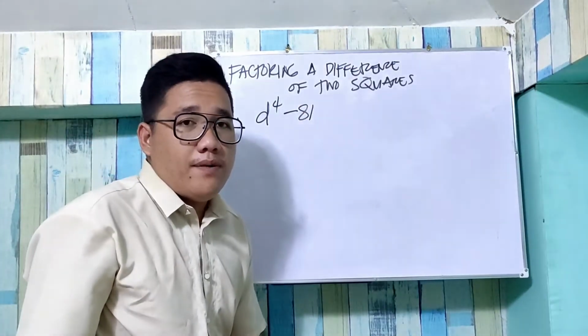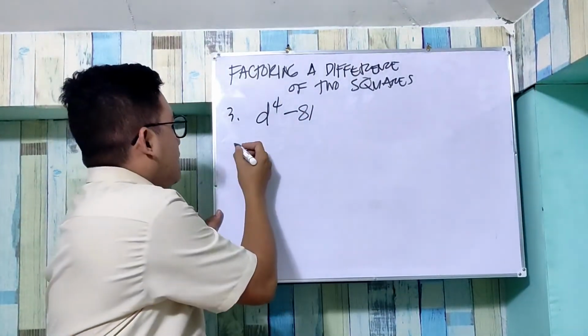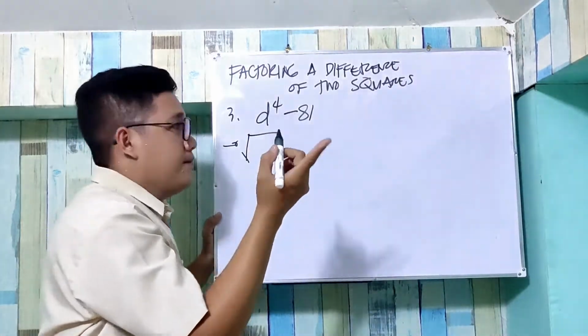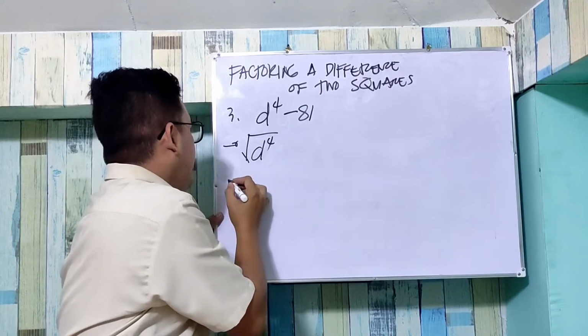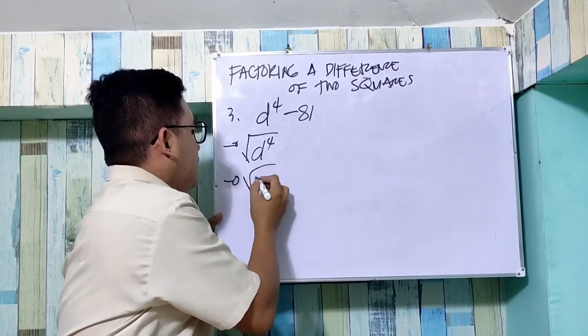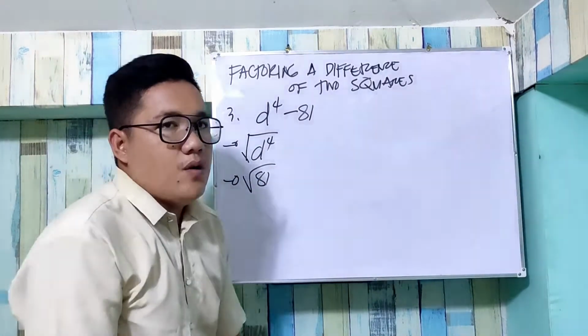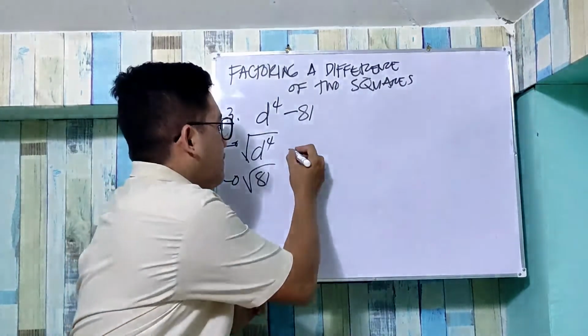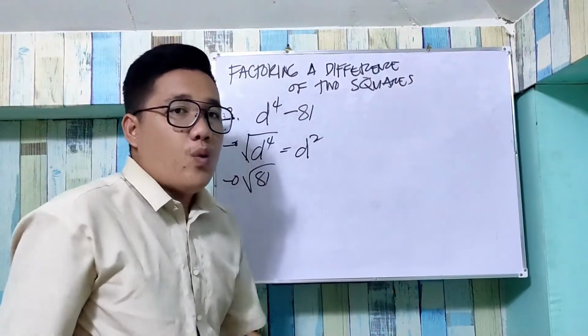d raised to 4 minus 81. So, let us first find the square root of d raised to 4 and square root of 81. What is the square root of d raised to 4? Okay, very good. D raised to 2. Why?